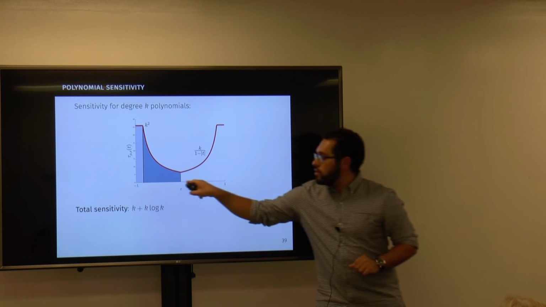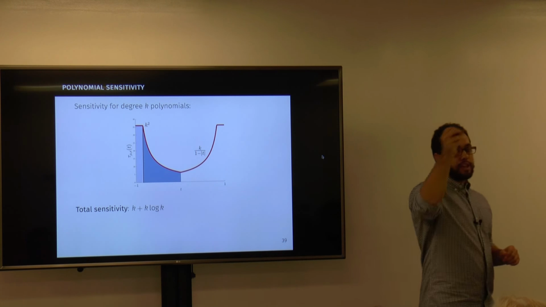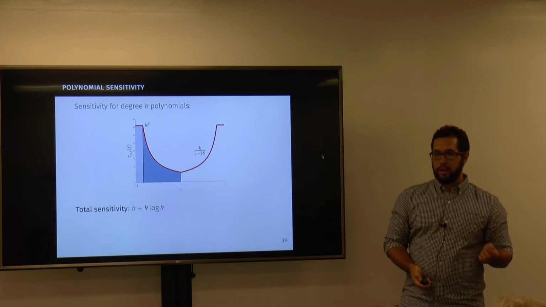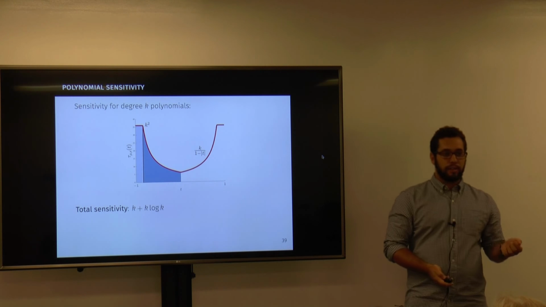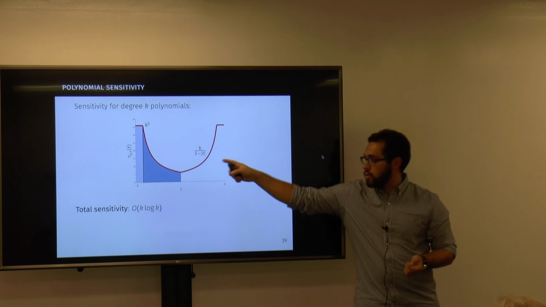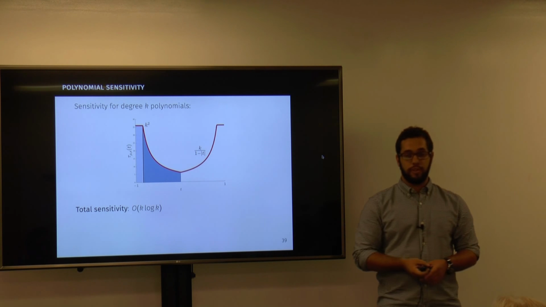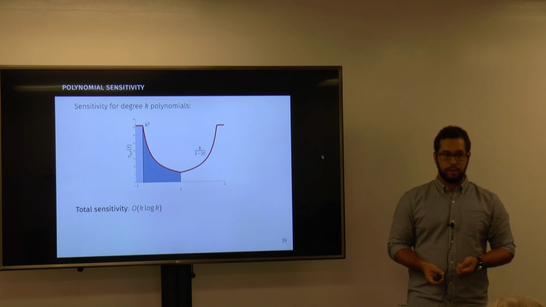And now if we look at this region here, sure, it's increasing up to k squared, but it looks like an integral of 1 over x down to x being 1 over k. So we just get a log dependence on that. So the integral of that region is k log k. So we get a total sum for our sensitivity functions, a total bound on our statistical dimension, of k log k.